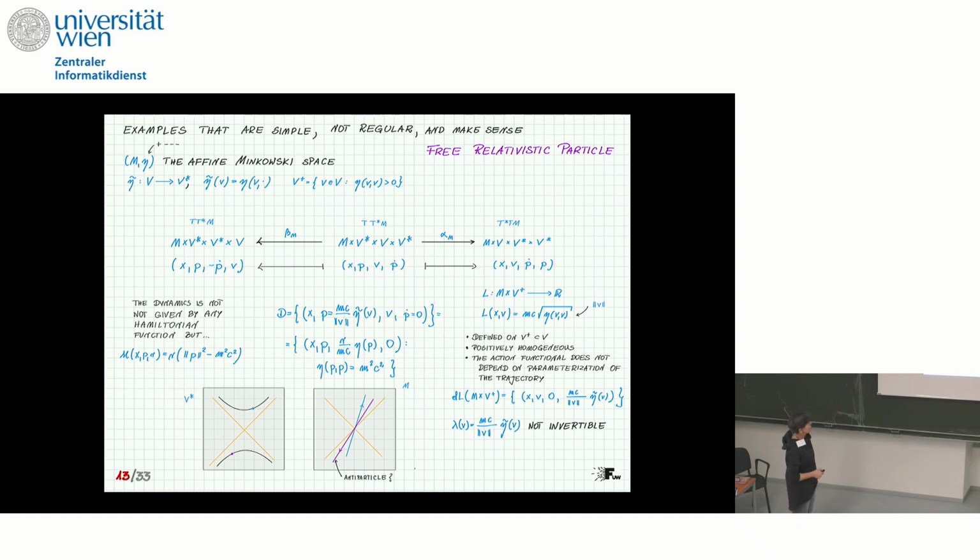And for the momenta that are on the other part of the hyperboloid, I get straight lines, time-like straight lines that are oriented toward the past. So this way we have discovered Feynman antiparticles on the classical level, which is a little bit funny probably, but it is like that.